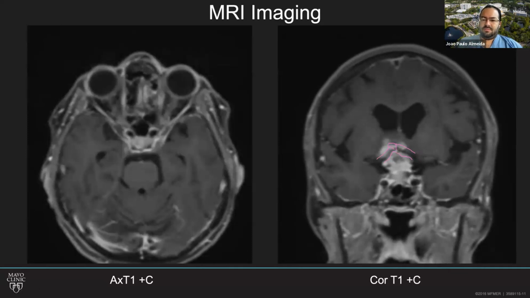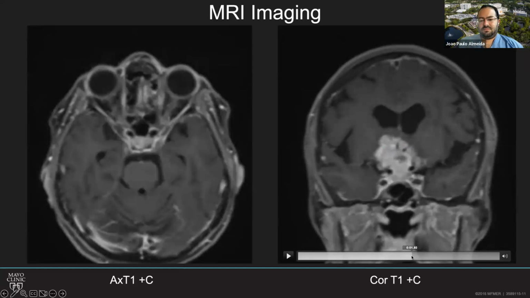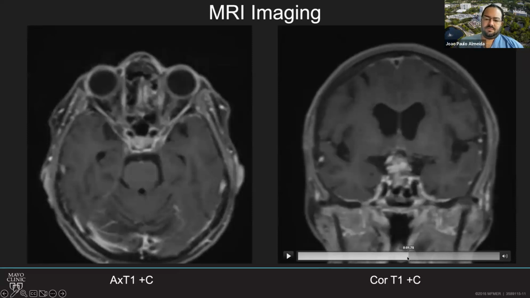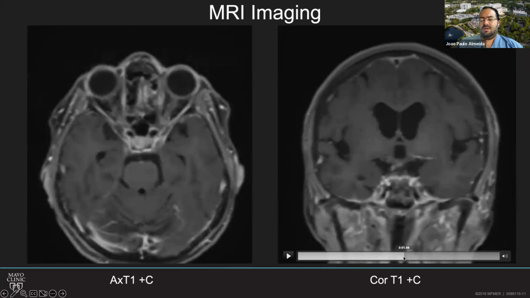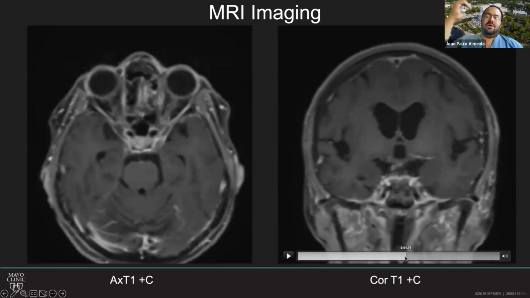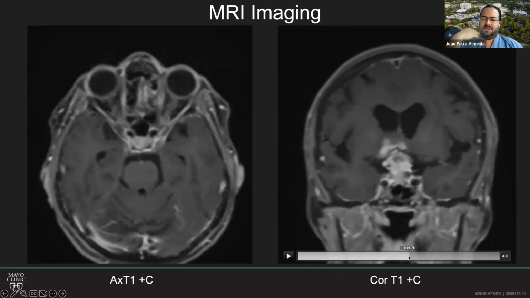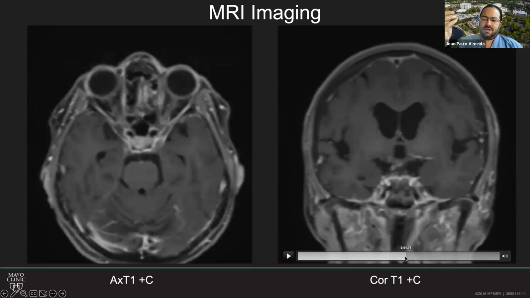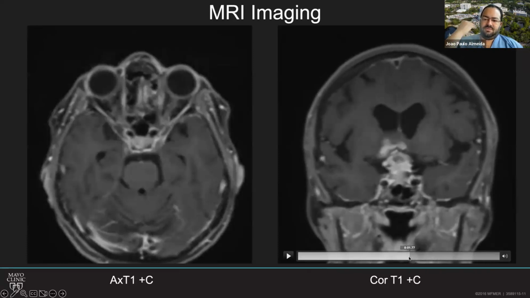What is the problem? Often we're not really concerned with the big vessels because they're easy to follow and to identify. But if you scroll a bit more, on the other way around, you will see that when this tumor arises and encases the superior part of the A-com complex and the posterior part especially, there is a concern with the perforating branches, the lenticulostriates, that will be arising from the superior part of the vessel wall and the posterior part of the vessel wall.